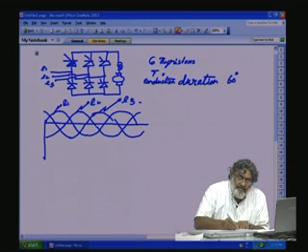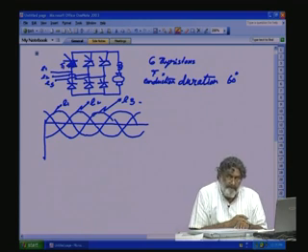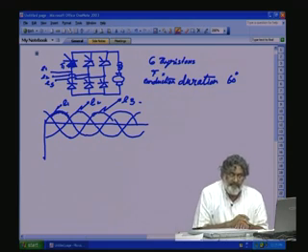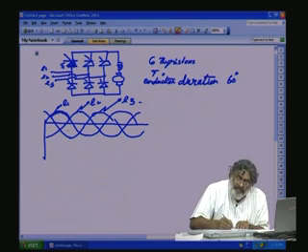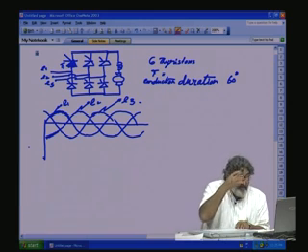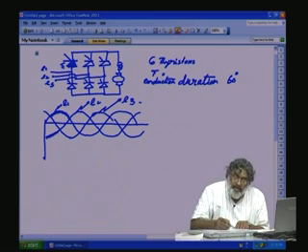So, this is T1. Now, E3 is here, if you see here, E2 is more positive from this point to this point. Sorry, E2 is more negative. So, the thyristor which is maximum negative, E2 negative, that will be conducting now.